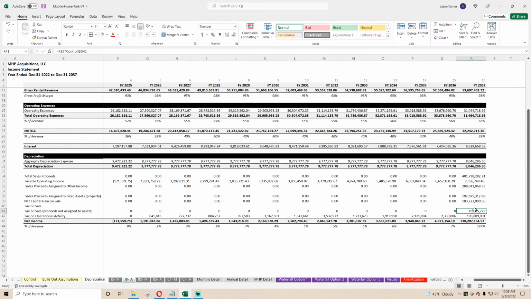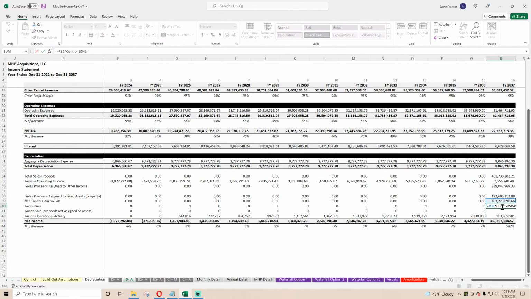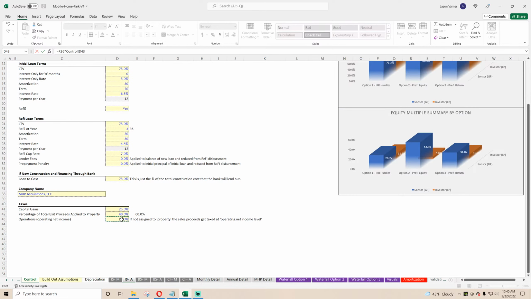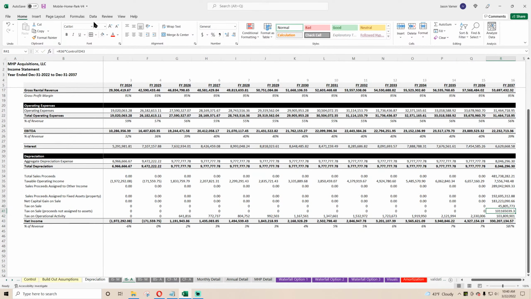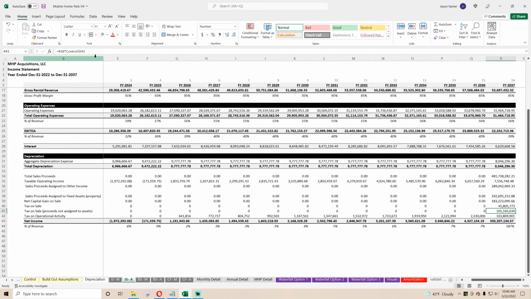So this is, wait. So this is this number. Tax on the sale. Net gain on sale. Tax on sale. Proceeds not assigned. So this is then assigned to other income times this number. Add it up.